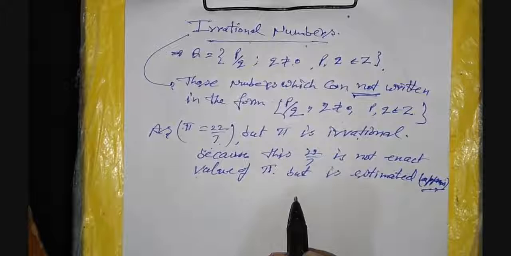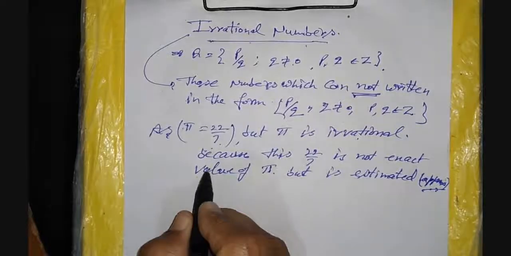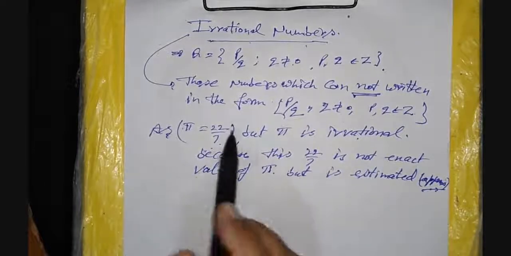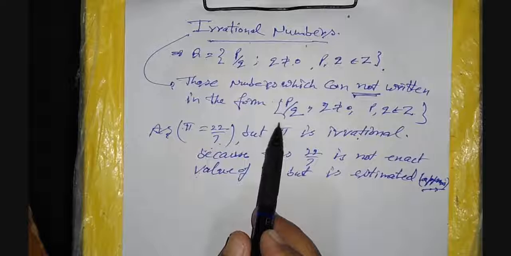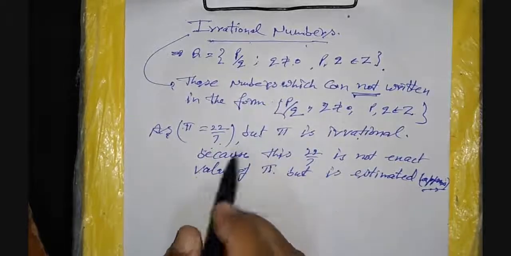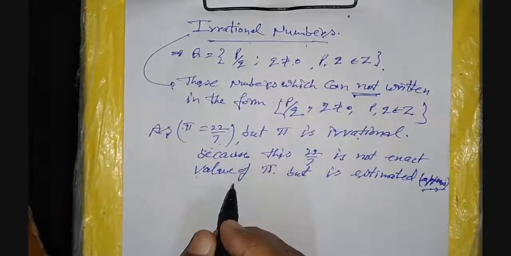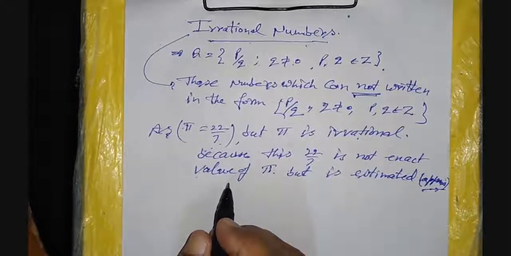In our previous video, I have clearly discussed that when any fraction is converted into a decimal expansion, we reach a point where the remainder is not 0, and there two cases arise: either the remainder is repeated or the remainder is not repeated.